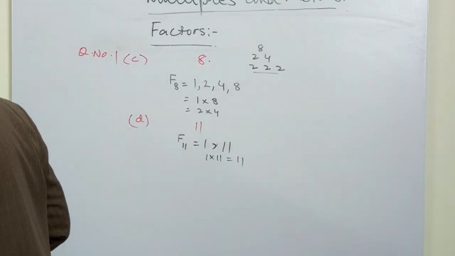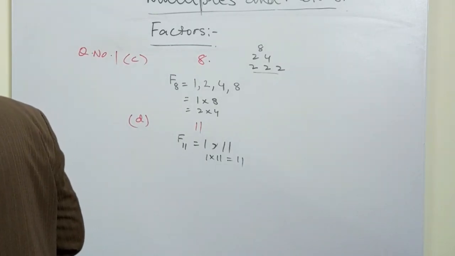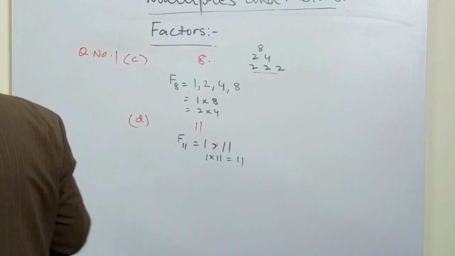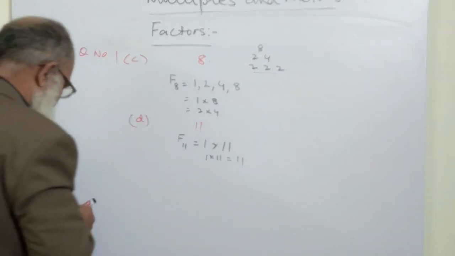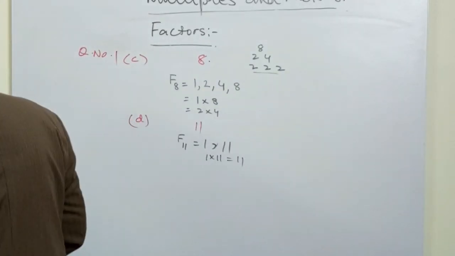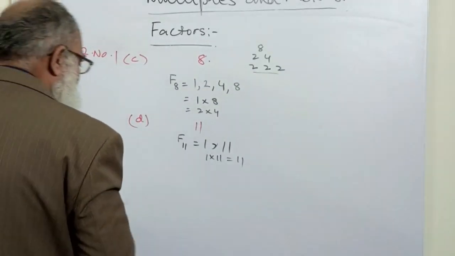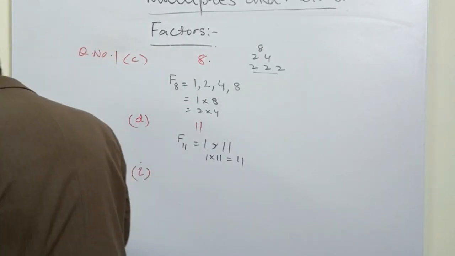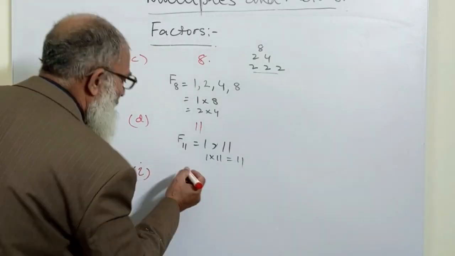Now let me take one interesting question. I'm going to start with part I, which says find the factors of 57.